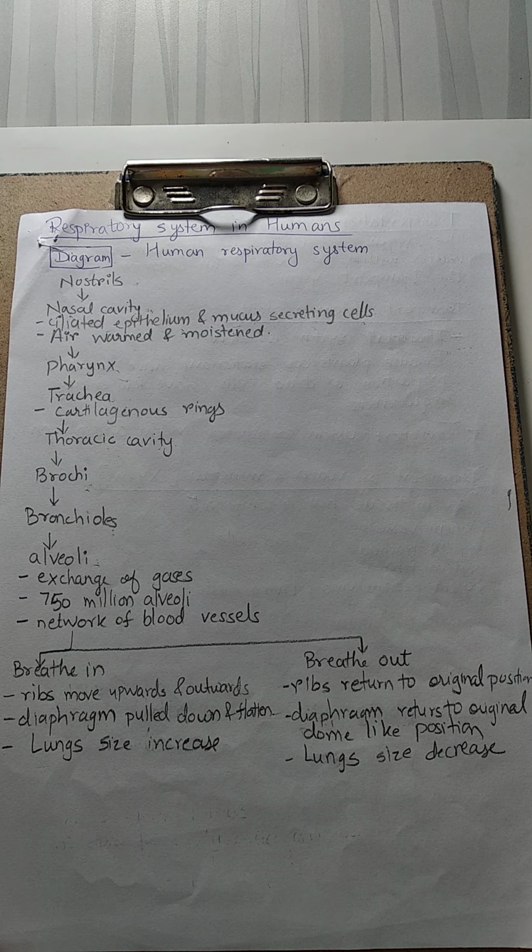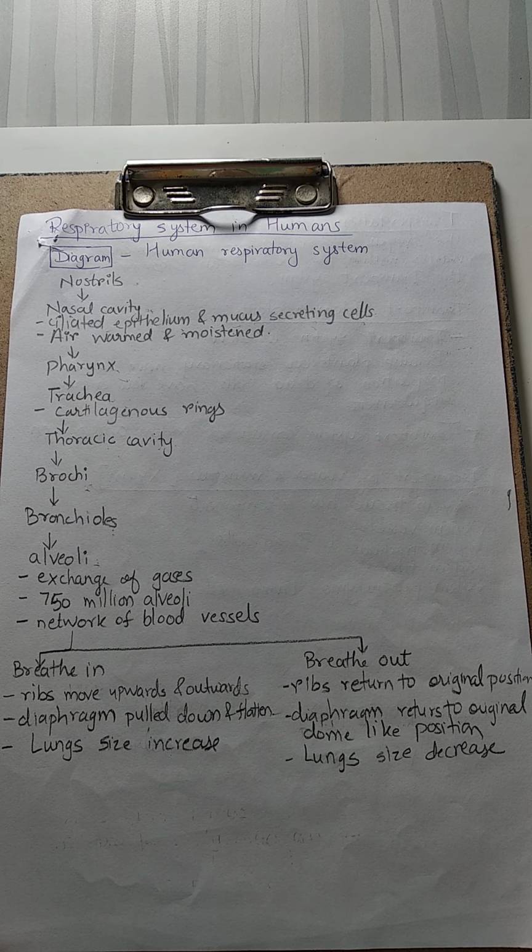I hope you remember what is ciliated epithelium. Ciliated means hairs are present, okay, and mucus secreting cells are also present in the nasal cavity. Why are these present? Both mucus and cilia check the entry of dust particles and microbes.